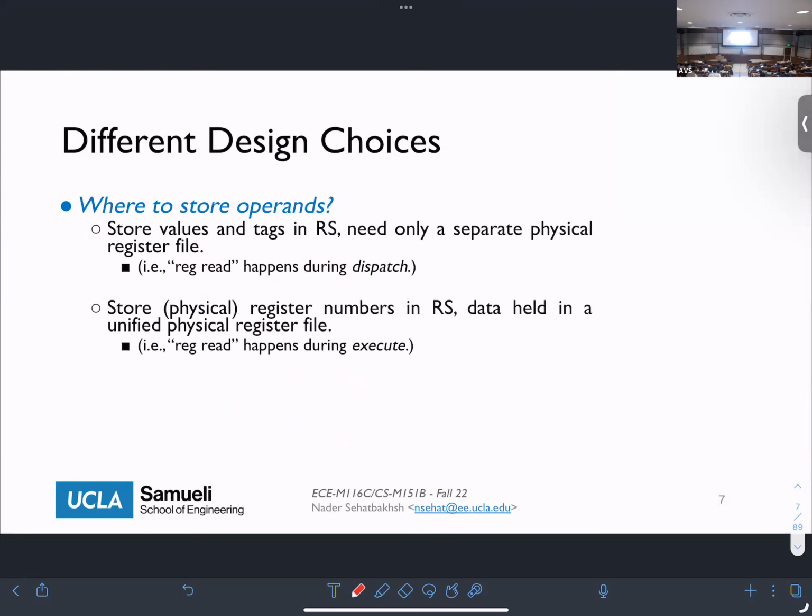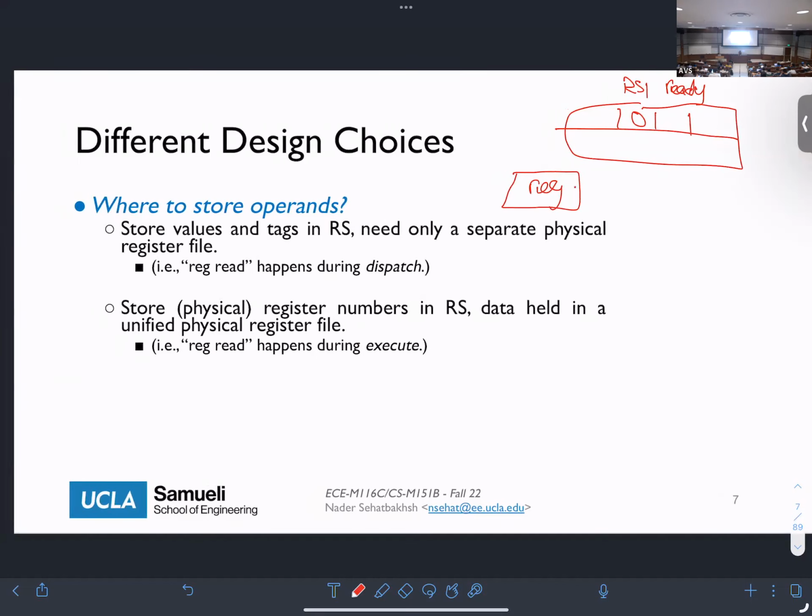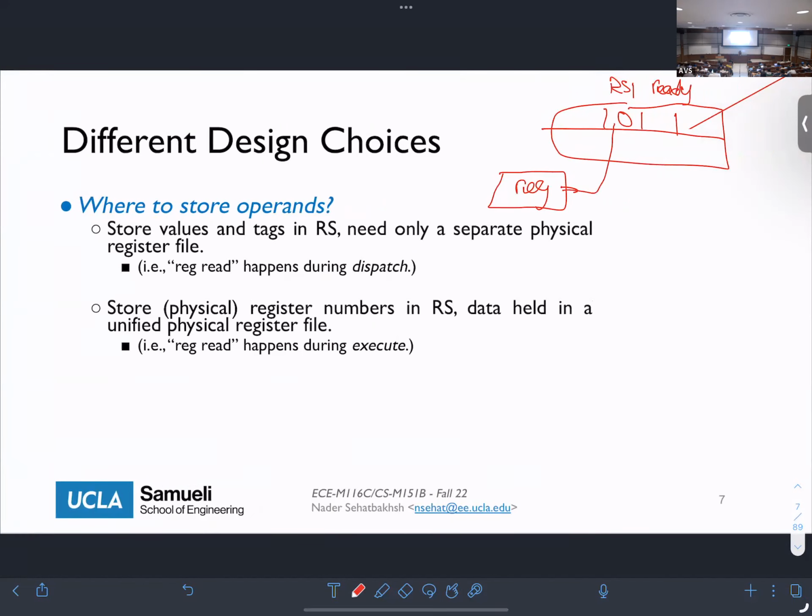Another question is about what we showed in the class example, where we had our reservation station, and we said that we have data and the readiness for each unit, right? For example, this is RS1, this is the value that it stores, and this is the ready bit for RS1. So we go through our register file during the dispatch stage, read that register and put it into our reservation station, right?